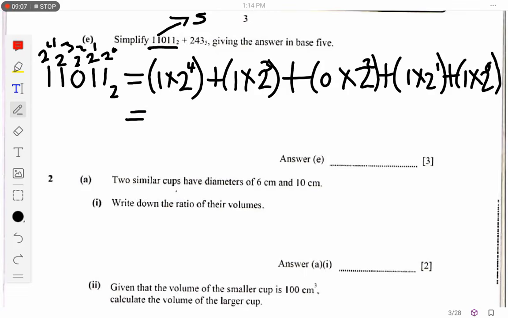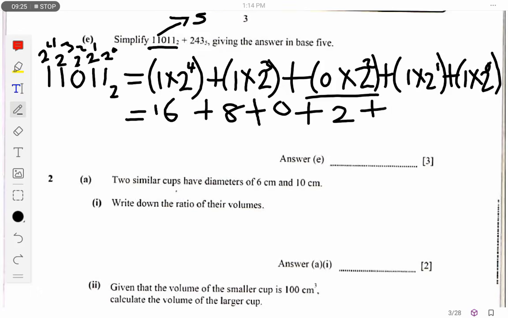So when we add here, 2 to the power of 4 is the same as 2 times 2 times 2 times 2, 4 times. You get a 16 plus 2 to the power of 3, that's an 8, plus a 0 here. Any number multiplied by a 0, you get a 0, plus a 2, plus a 1.